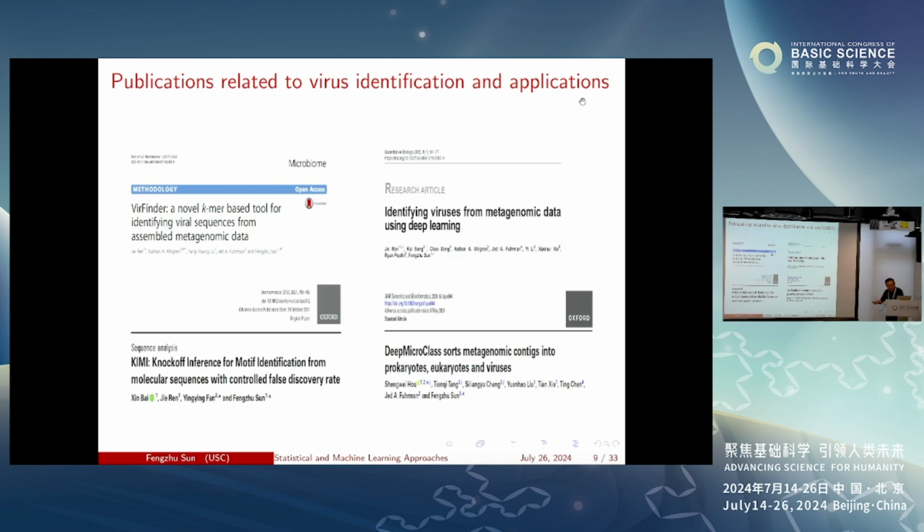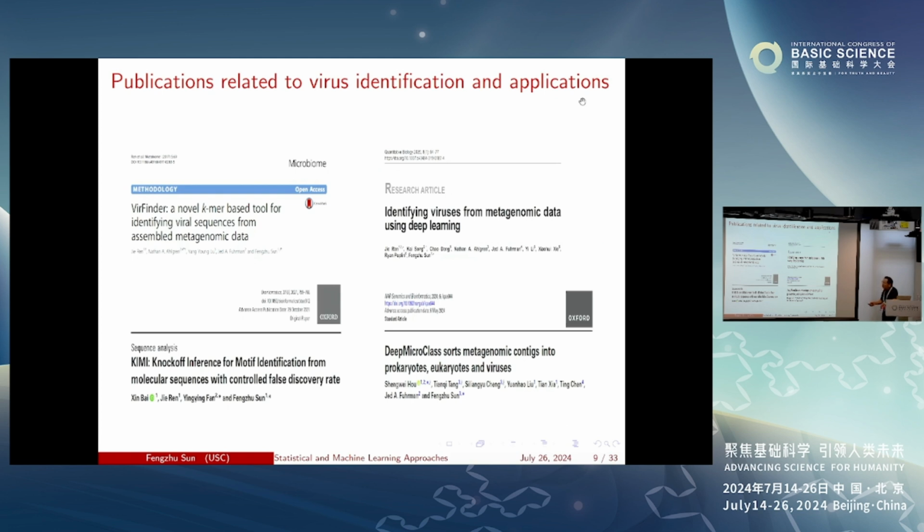We use the k-mer frequencies of a sequence as those features, and then we use a relatively simple penalized linear regression to do prediction for those viral sequences.